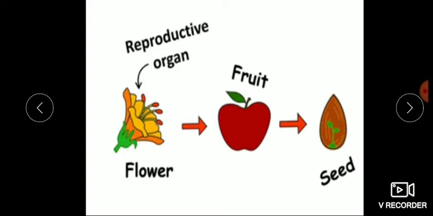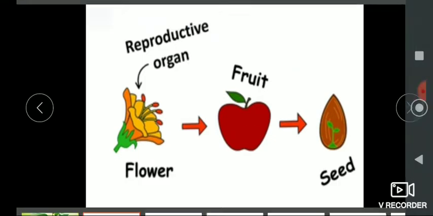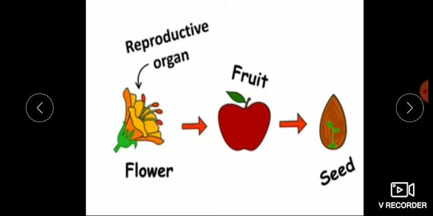Okay, so beta, you can see here the picture of a flower, fruit and seed. When you eat any fruit, apple, mango, watermelon, etc., you find some seeds inside the fruit.